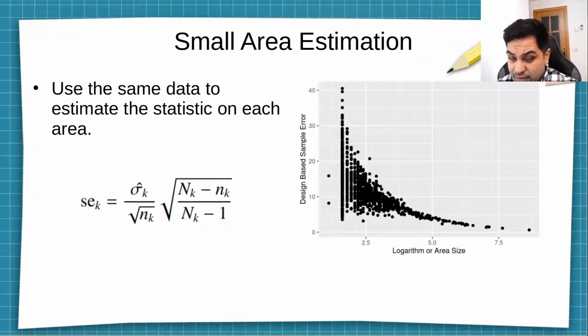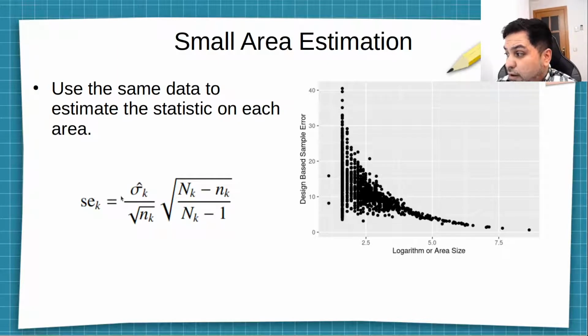But what happens next? This same data is used to estimate the same statistic in other small areas. So we have 1,118 small areas to calculate the mean score in each municipality. The thing is that the standard error for the municipality depends directly on the sample size, and we have very small sample sizes for some municipalities.